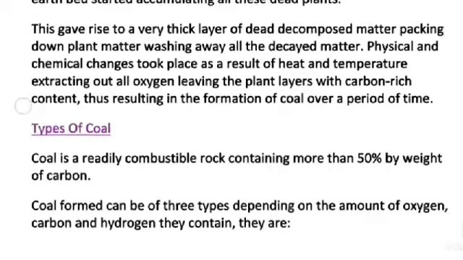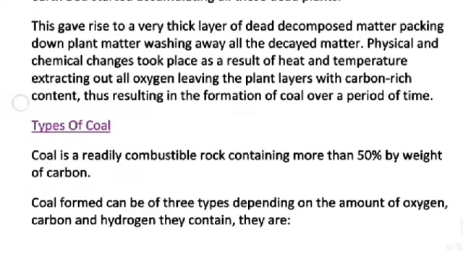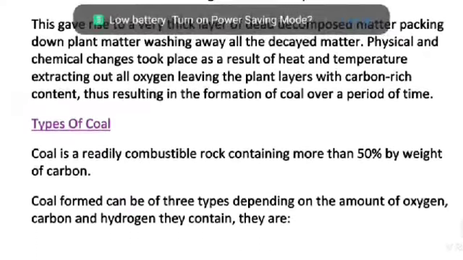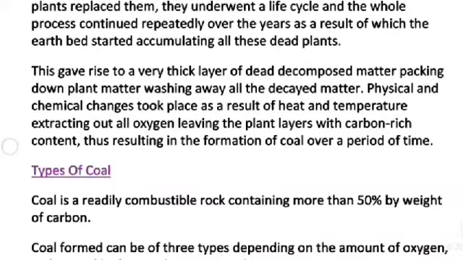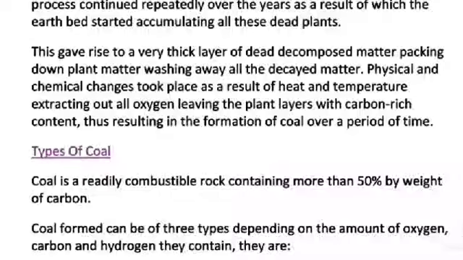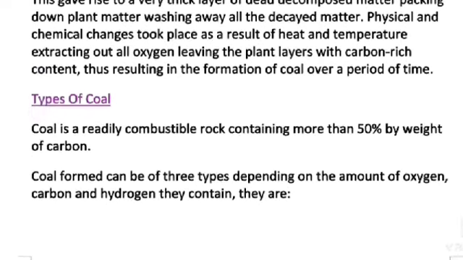This gave rise to a very thick layer of decomposed matter. Physical and chemical changes took place as a result of heat and pressure, extracting out all the oxygen and leaving the plant layers with carbon-rich content, thus resulting in the formation of coal over a period of time.